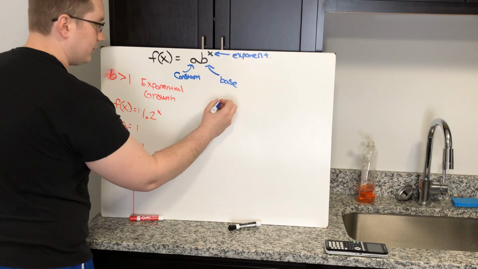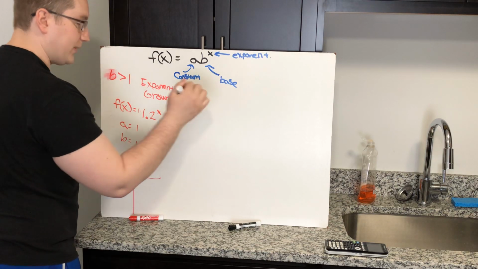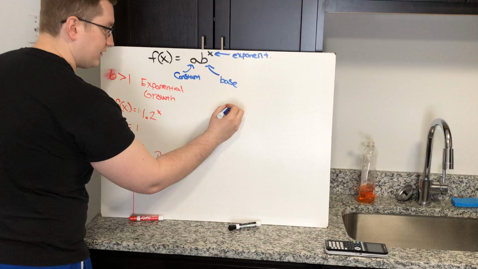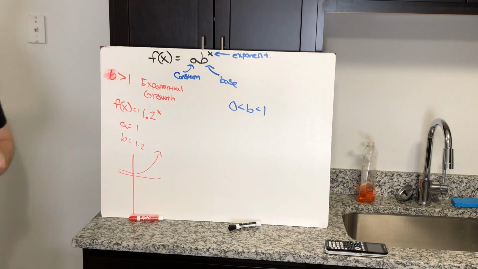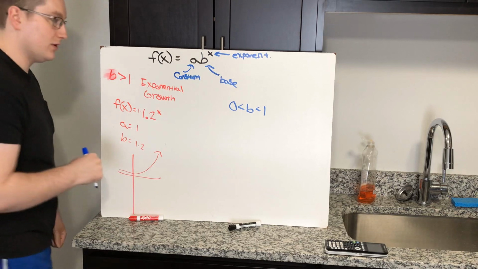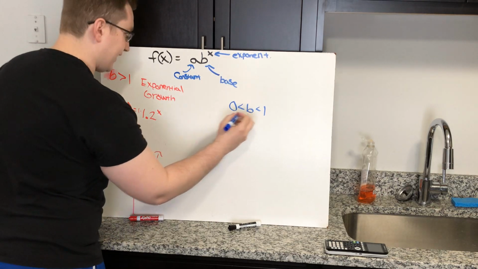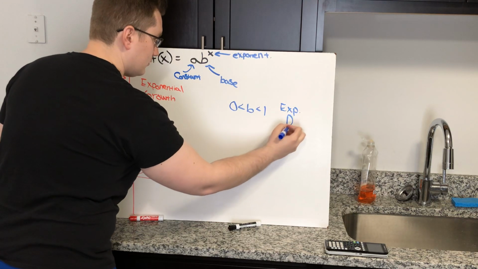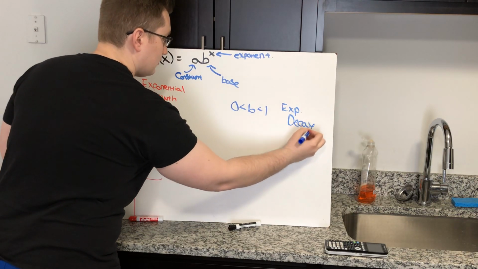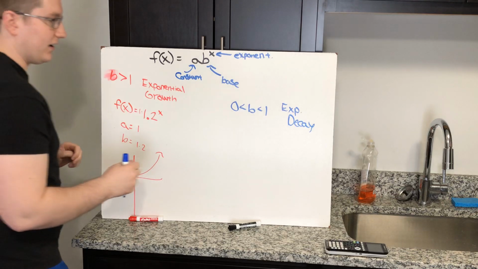If your b value is not negative, we can't have negatives, but if it's between 0 and 1, like a little fraction or a decimal, it is known as exponential decay. Think decay, kind of dying off.